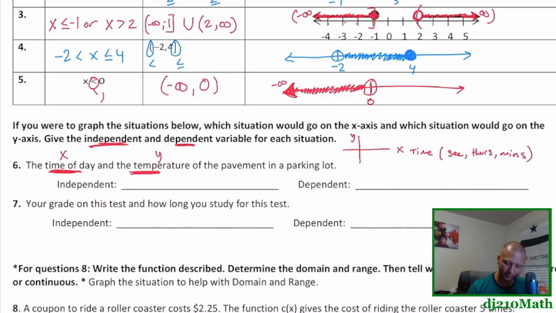I guess we could have written them in ascending order. And then Y is typically like money, distance, and maybe speed. Speed is a good one. All right. So the independent variable is going to be the time, and the dependent variable is the temperature.